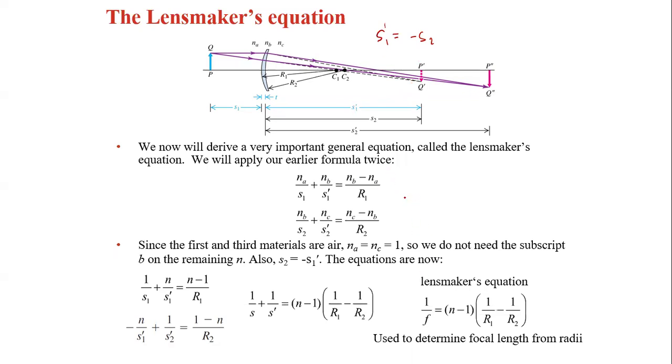From the formula for refracting spherical surfaces, we have na, nb, and nc. For surface one, from na to nb, this is the formula with R1.